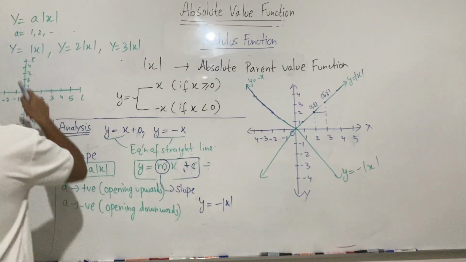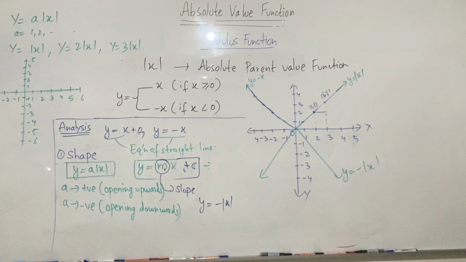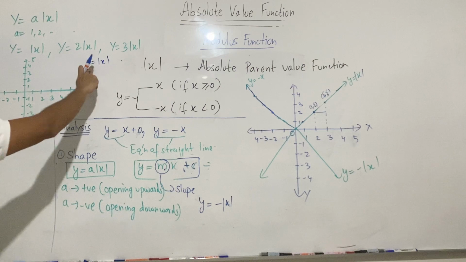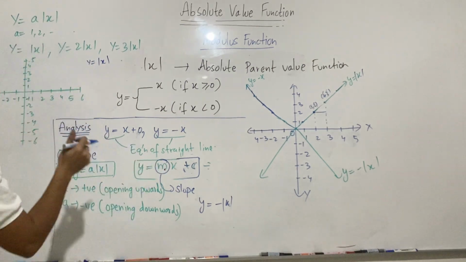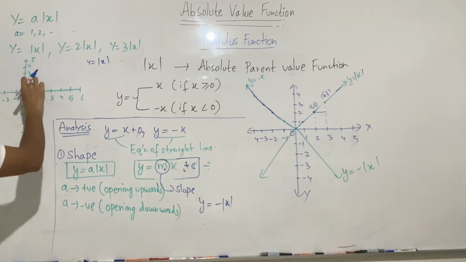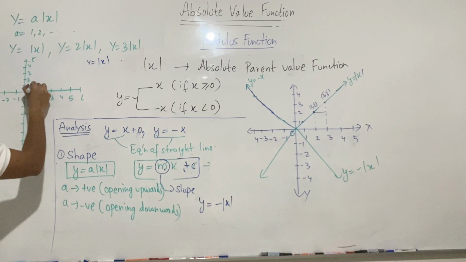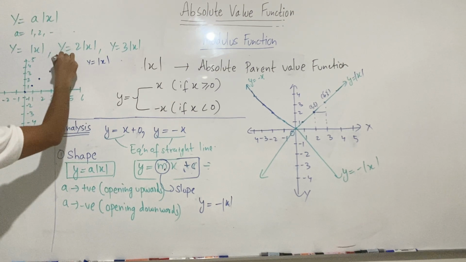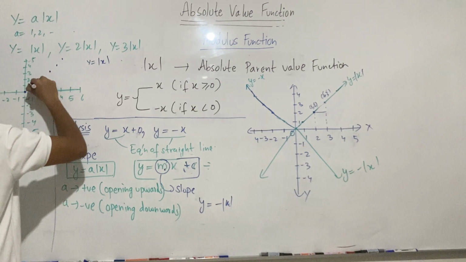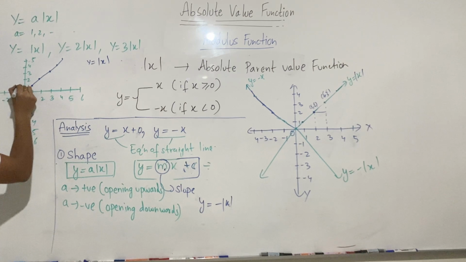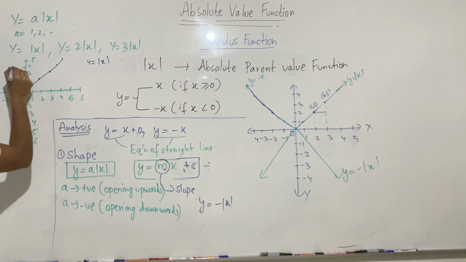Now see here, y equal to mod x, y equal to modulus function x. Now here the slope is 1, means that if you go 1 unit towards your right, you have to go 1 unit up. So it's going to be like this, and this side is just going to be the mirror image.